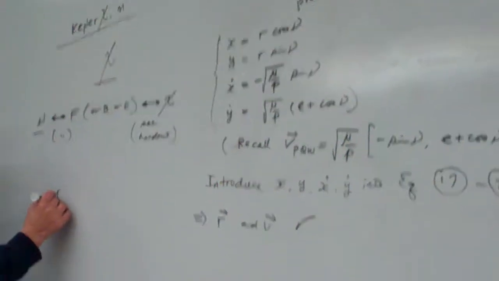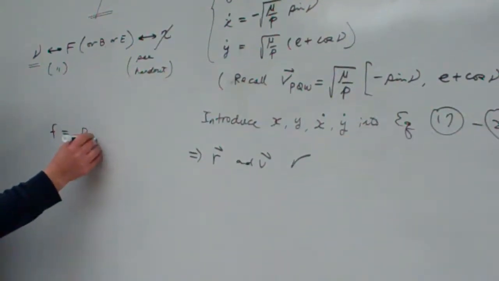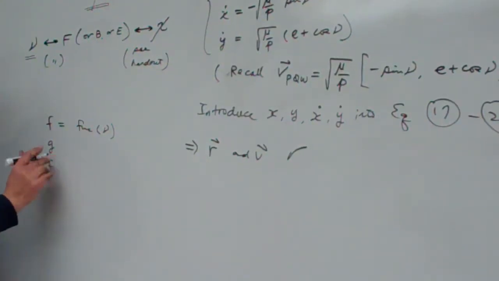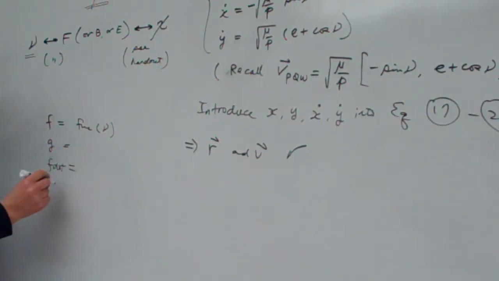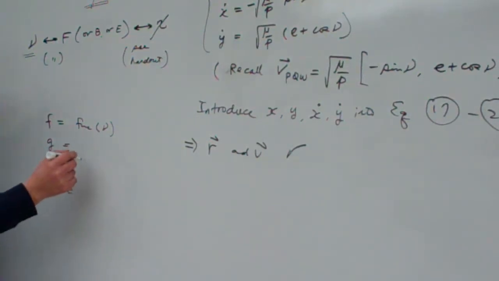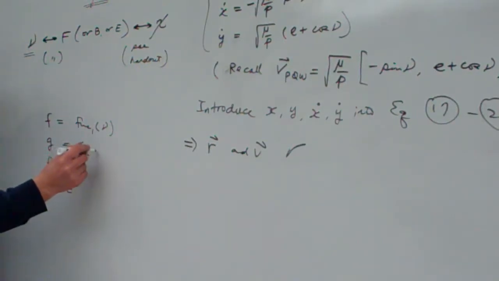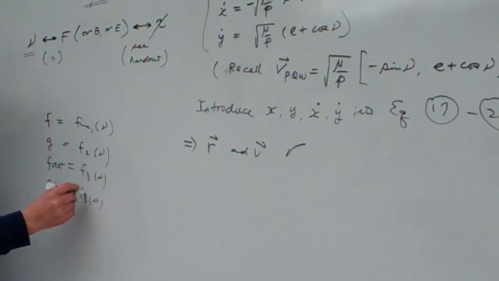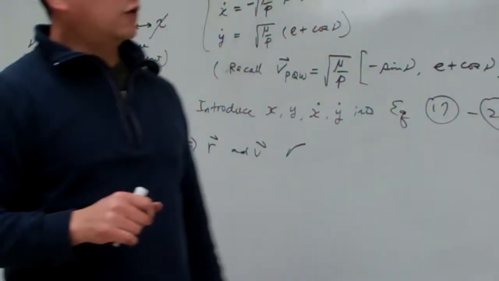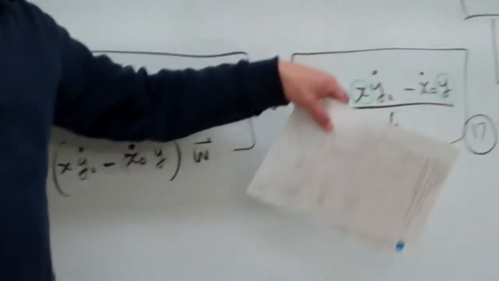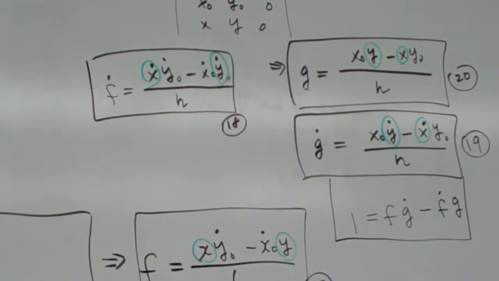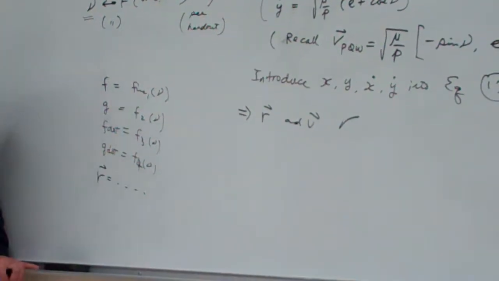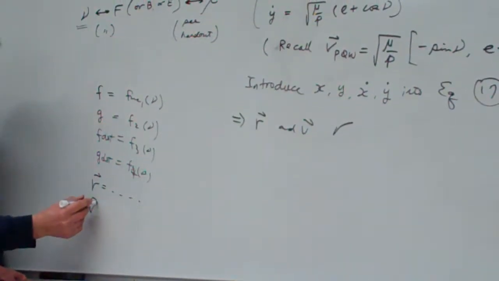You can calculate f equal to a function of nu, and g, and f dot, and g dot equal to function 1 and function 2 of nu, and function 3 and function 4 of nu. Those functions you simply implement quickly from those expressions. Plug in those expressions, then in your final two lines you get something, and then you have the result. And the same thing here.